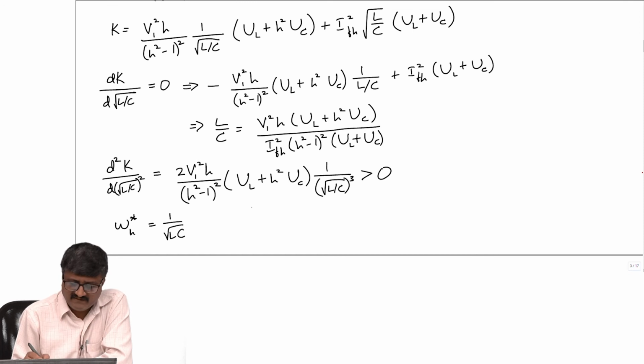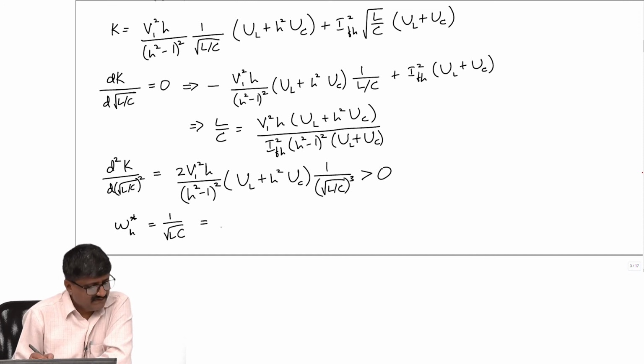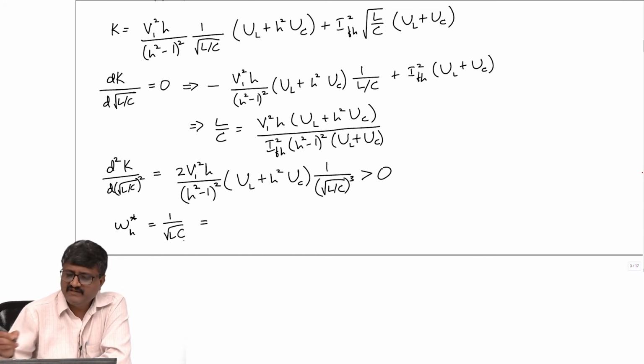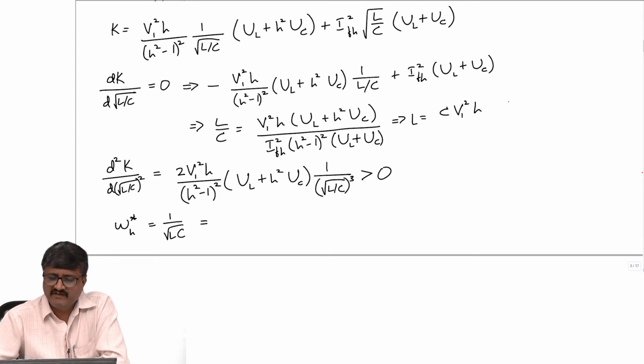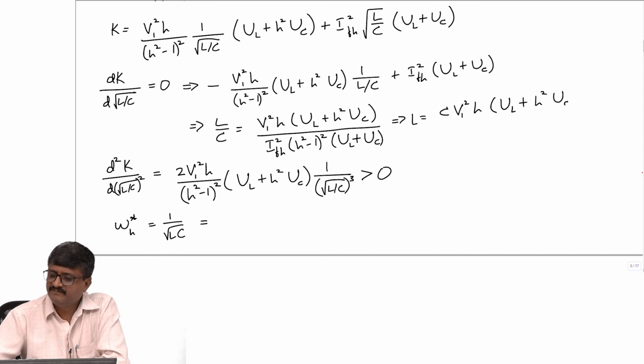So, I write the previous equation as L equal to C into V1 square H into (UL plus H squared UC) divided by I of H squared into (H square minus 1) whole square (UL plus UC).